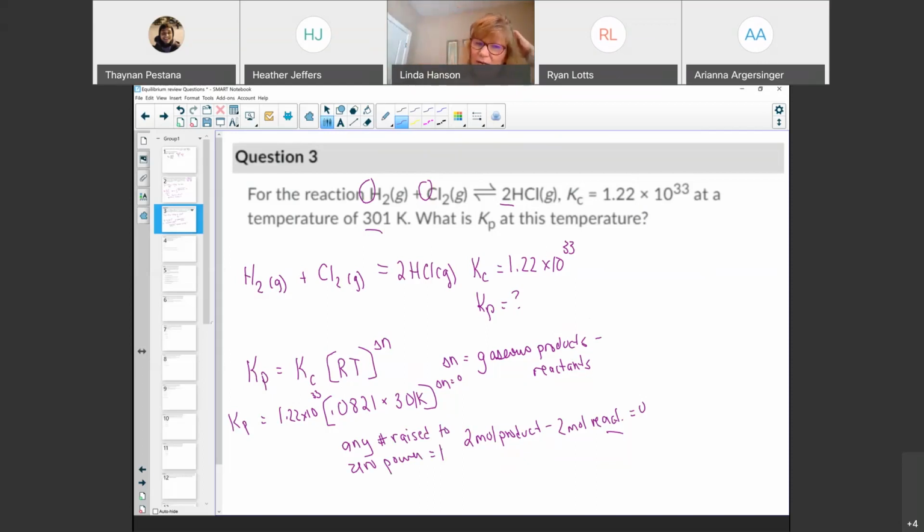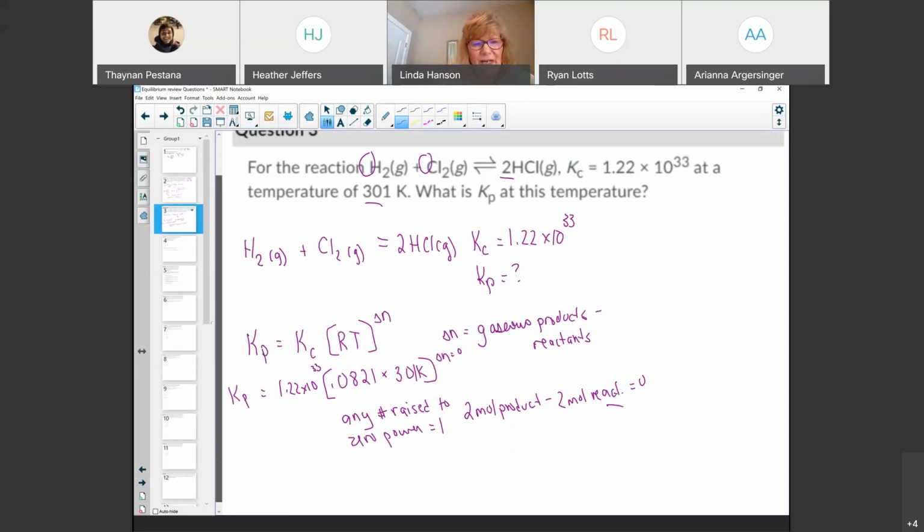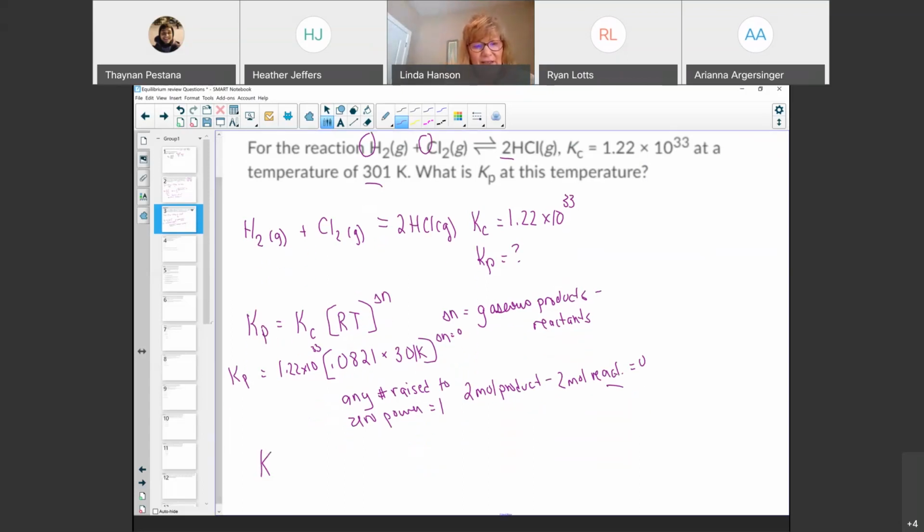So 0.0821 times 301 Kelvin raised to the 0 order is just the number 1. So what happens uniquely here is Kp is exactly the same number as Kc when the delta N equals 0.